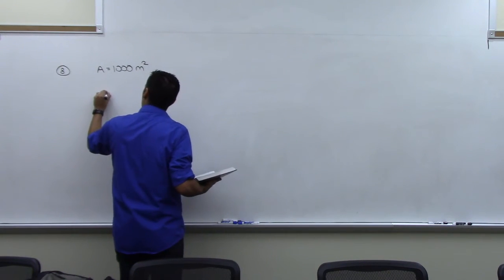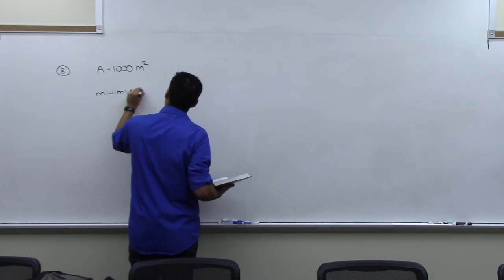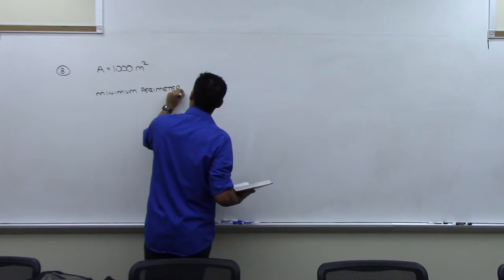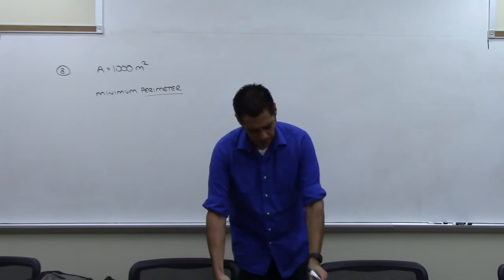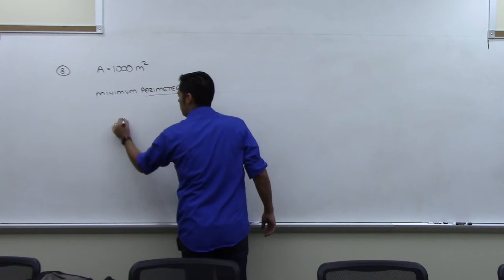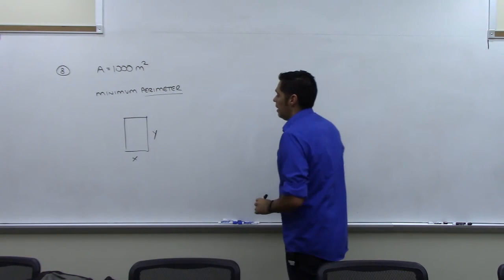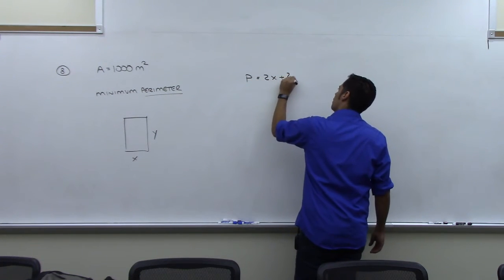So we want a minimum perimeter, which means I'm going to need a perimeter function. This is a rectangle. So I have a rectangle, call that x, call that y, and therefore the perimeter of this is 2x plus 2y.